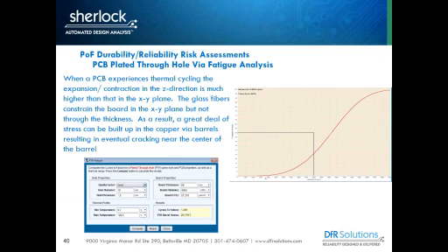Here's just an example. What causes plated through hole fatigue is really the Z-axis expansion of your circuit board, and the hole diameter. As that board heats up and cools down, it expands through the thickness. That's what we call the CTE in the Z direction. Usually that is much higher than the XY plane.